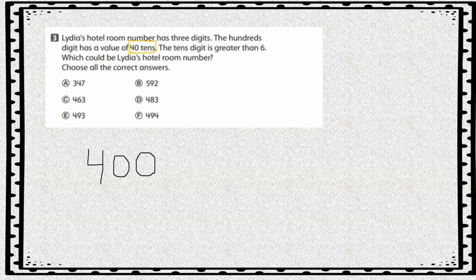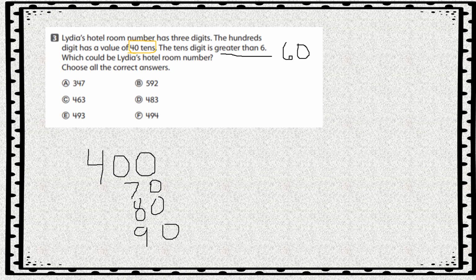The tens digit is greater than 6. Well, what is 6 tens? 60. 6 tens is 60. So it has to be greater than 60. So what tens are greater than 60? 70 is greater than 60. 80 is greater than 60. And 90 is greater than 60.